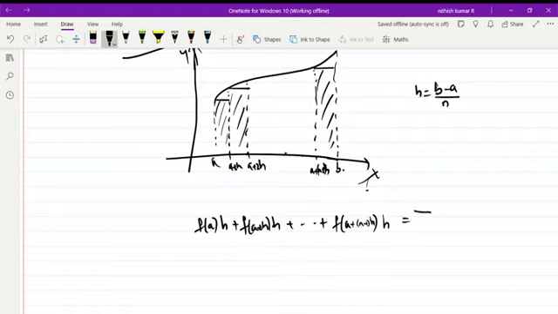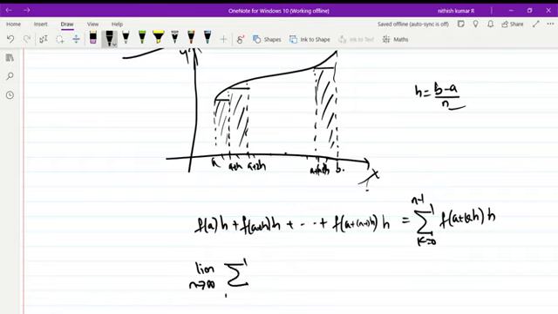This will be denoted by the summation of f of A plus kh into h, where k varies from 0 to n minus 1. By increasing this n, that means considering more and more partitions of this closed interval AB, we will get, as the limit n tends to infinity, the sum for k equal to 0 to n minus 1 of f of A plus kh into h.